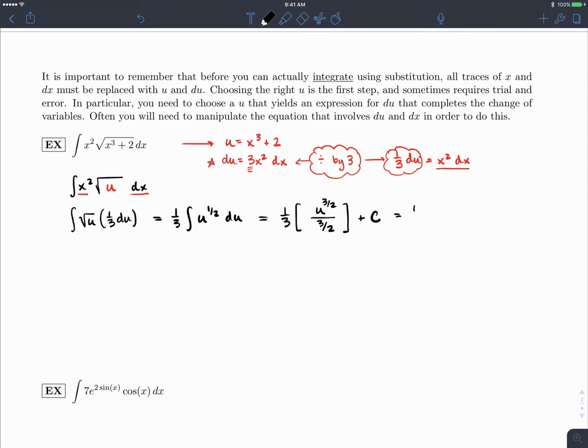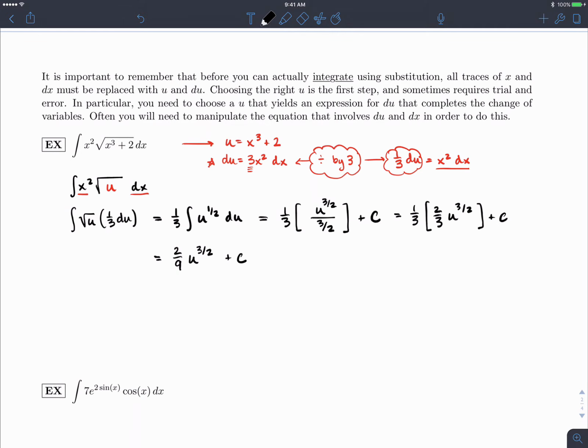And maybe you jumped straight to recognizing that this is going to be 2/3 times u to the power of 3/2 plus c. And if we were to then multiply these two fractions together, we're going to have 2/9 times u to the power of 3/2 plus c.